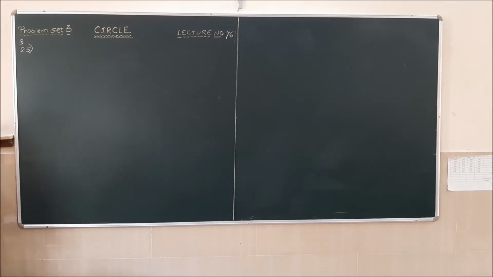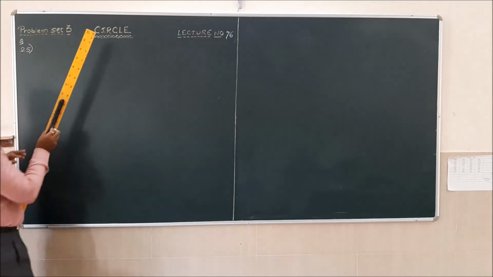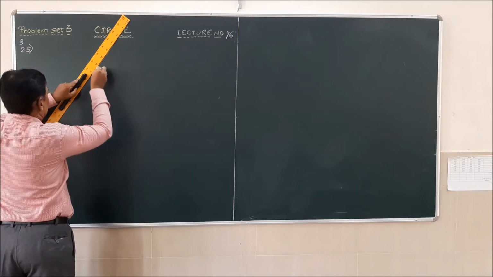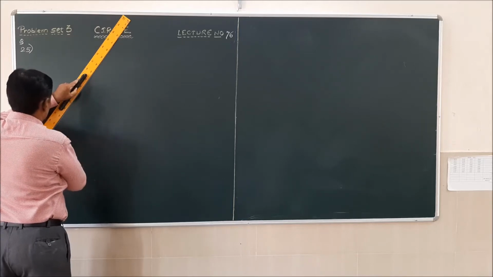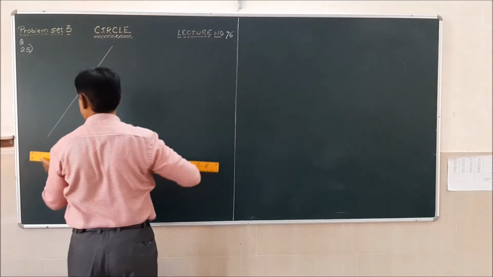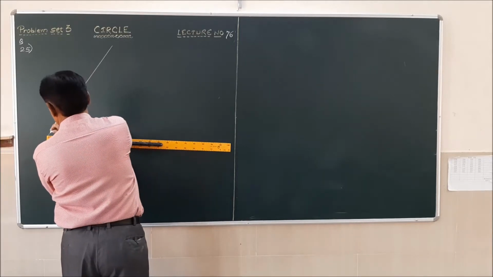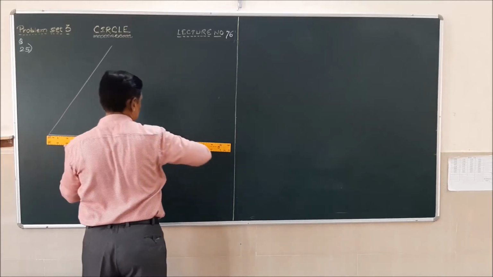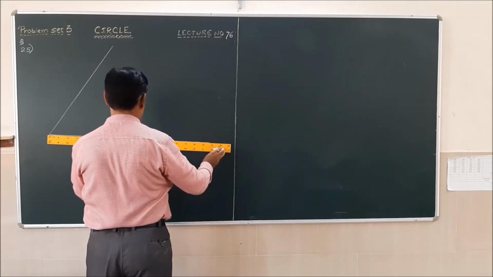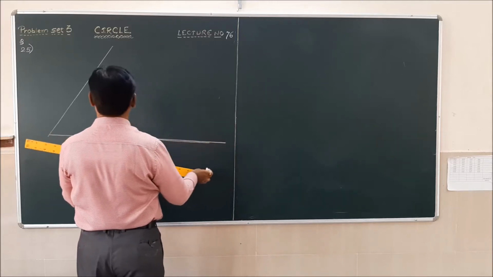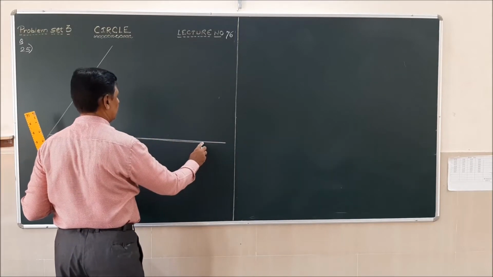Fine. So here you will find the name of the triangle is ABC.